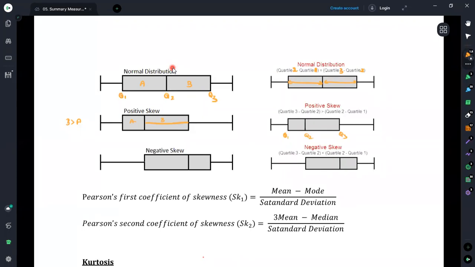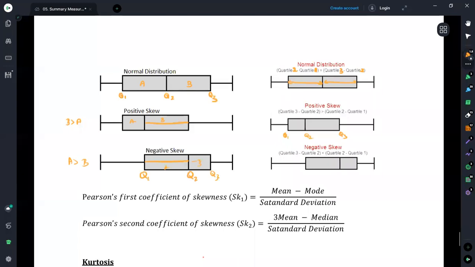And if, for the box plot, the distance between Q1 and Q2 is somewhat larger than the distance between Q2 and Q3, then if this distance A is quite larger than distance B, we can say that it is a negatively skewed distribution.